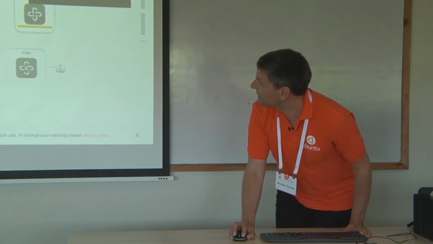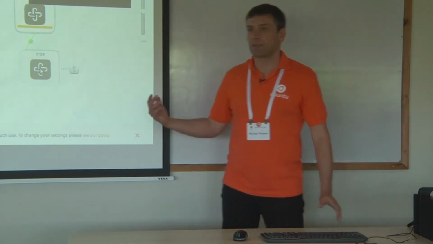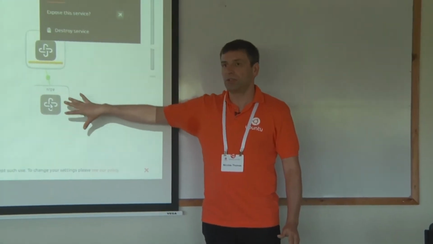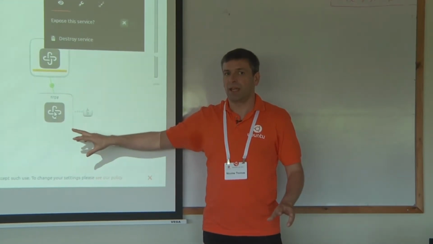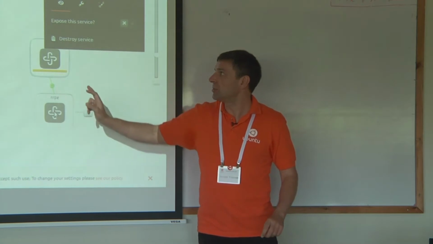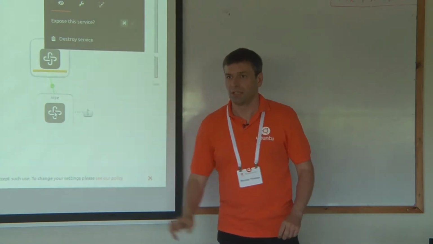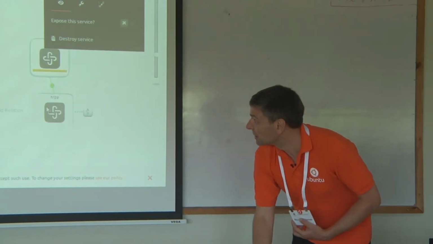So this one is not going to consume a unit. This one will stay inside Juju. It's what we call a subordinate. And I will be able to relate it to all the other services, meaning I can build a relationship like this.